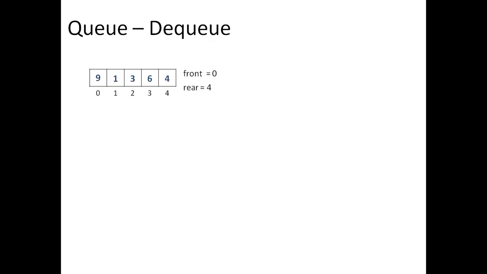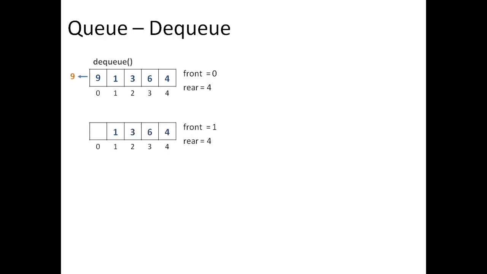On the other hand, when we dequeue, that means we are processing the deletion operation, so we have to update only the front pointer. The rear will remain as it is.